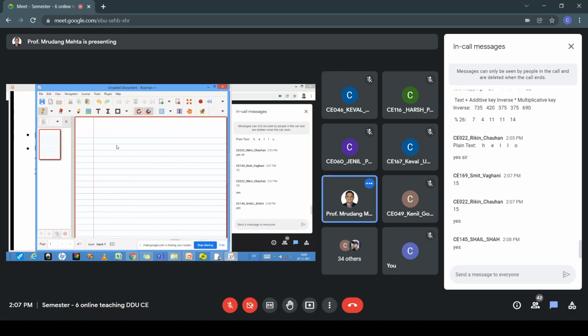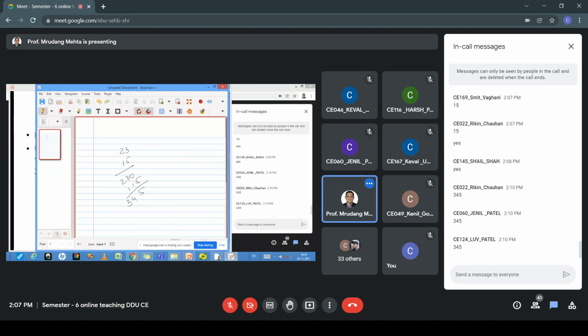So 23 multiplied by 15. What is the answer? 23 multiplied by 15 is 345, right? 345 mod 26.